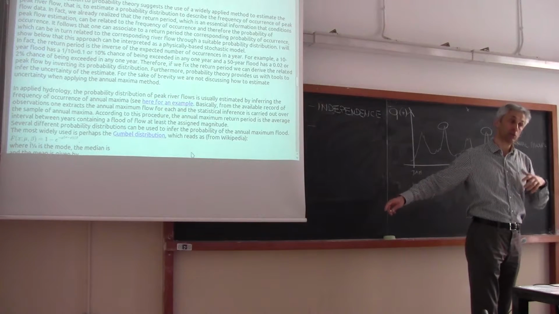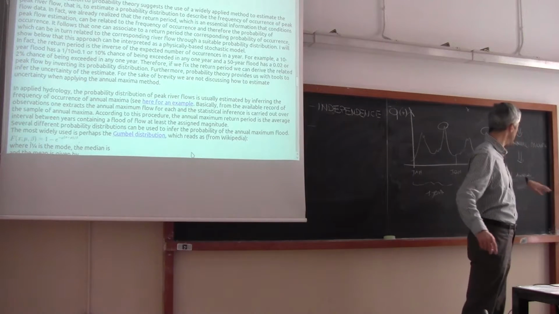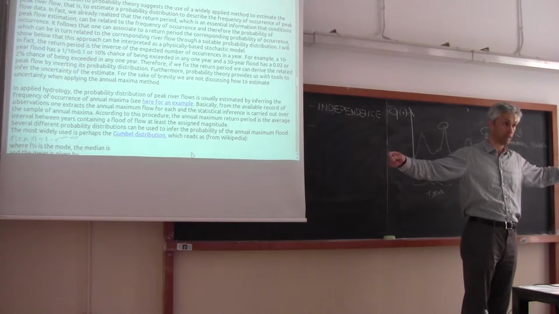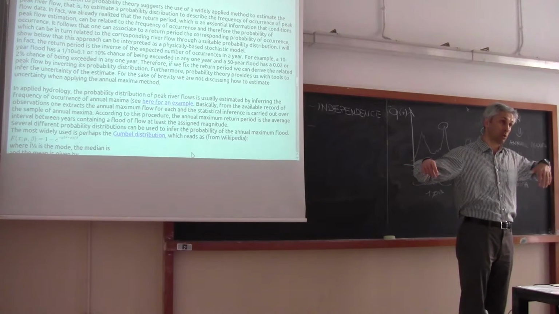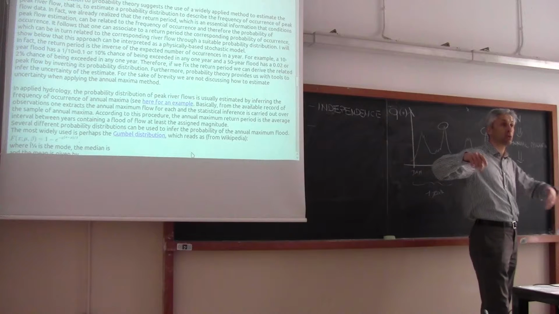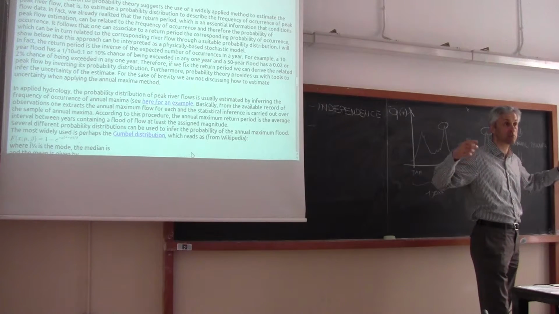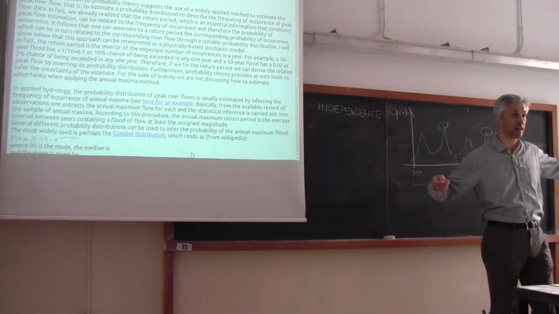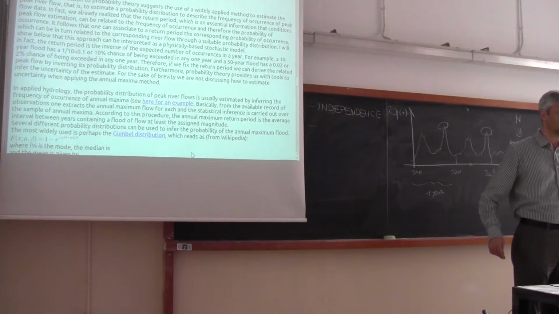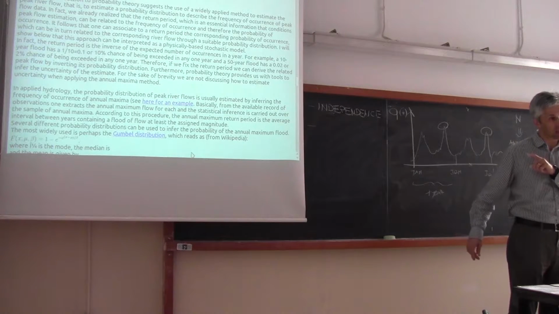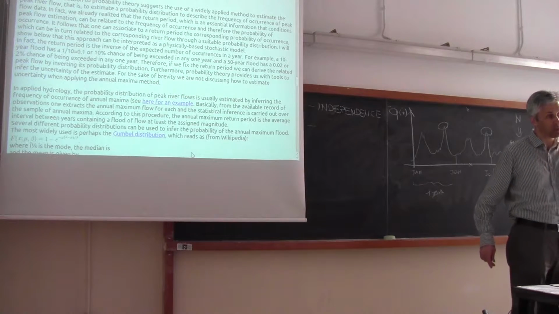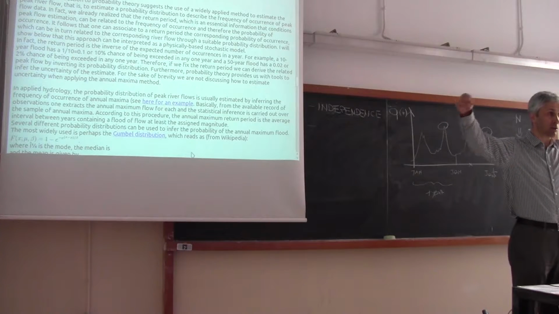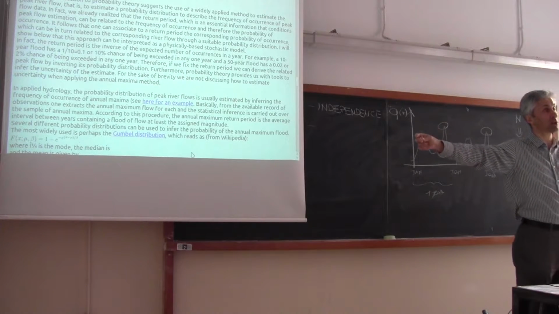But I also said that this data set needs to be extended. So if the data set is extended for, let's say, 100 years, this is perfect for us. Like the Po River, 90 years, perfect. And at the end of the story, I end up with a probability distribution describing the frequency of occurrence of floods for the Po River along this 90 years long window.